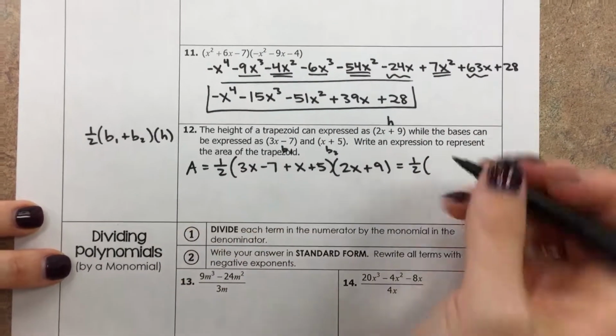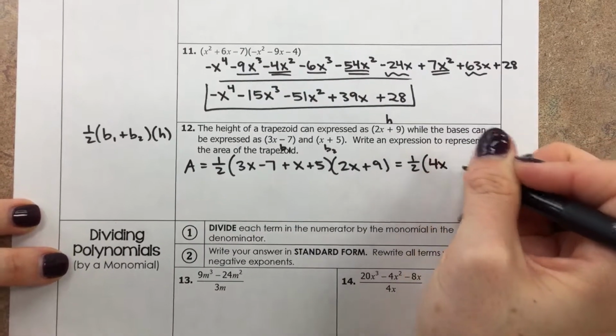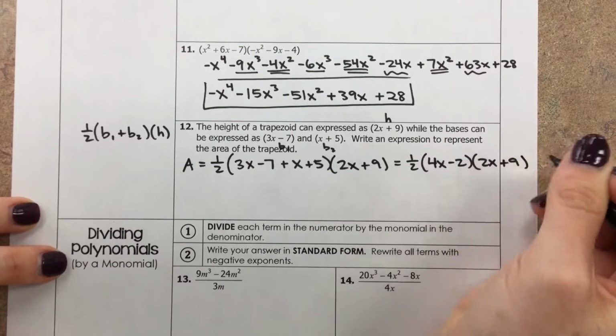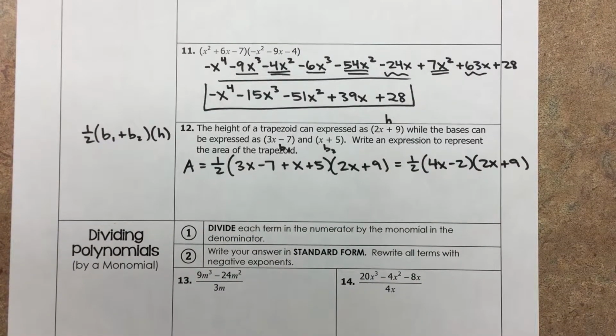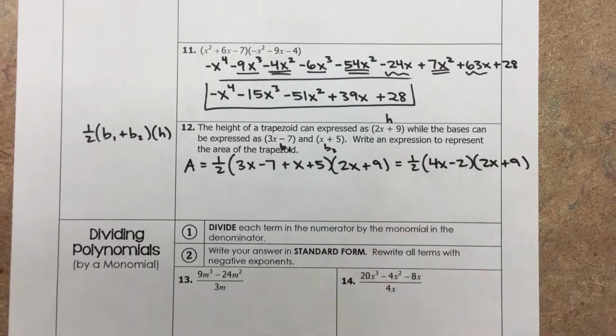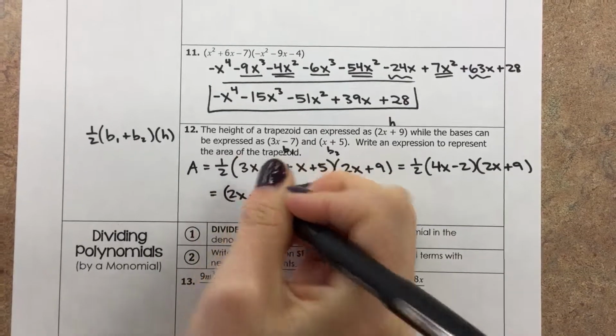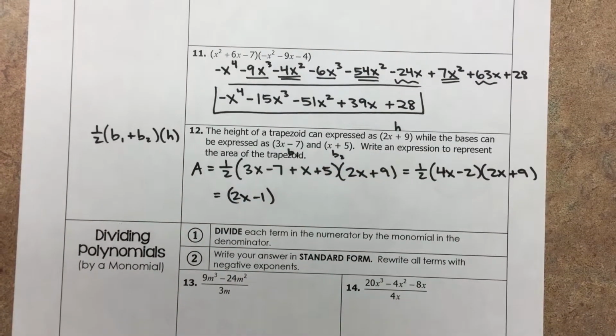So add these all together. So 4x and then a negative 2, and then I'll multiply this in. So I can distribute this 1/2. I get 2x minus 1. And then I have that last, the 2x plus 9.